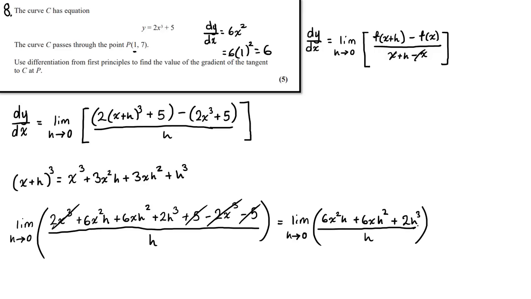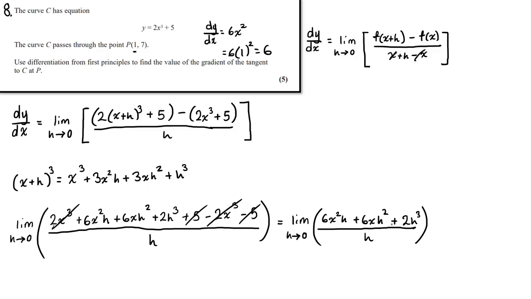Okay. So the next step now is to cancel these h's. If you split these up over h separately, I'd have 6x squared h over h, 6x h squared over h, and also 2h cubed over h. So if we cancel here, I would get left with just h there, and I would get left with h squared there, or 2h squared, I should say.